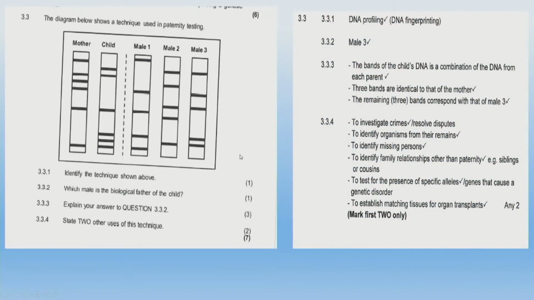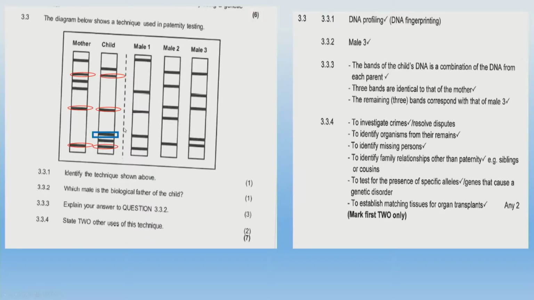So in this next slide, I want to show you what we did. We take the mother and the child and we eliminate those DNA bands. Now we take the remaining bands of the child and we compare that with the males.